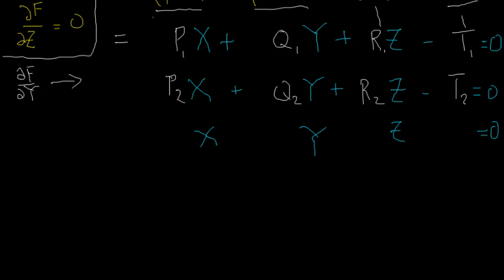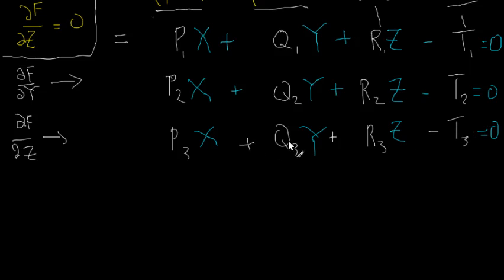For the df by dz, I'll get a corresponding equation again with a different p, which I call p3, a different q3, a different r3, and a different t3. So we end up with these three equations.